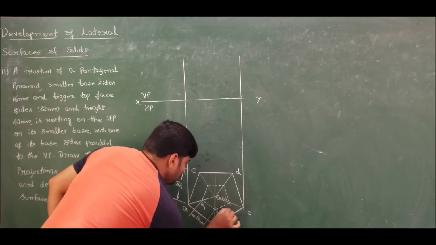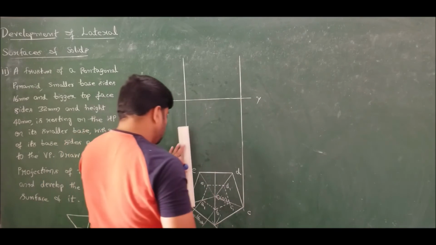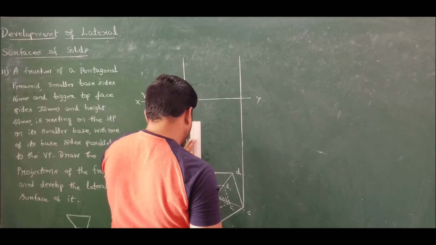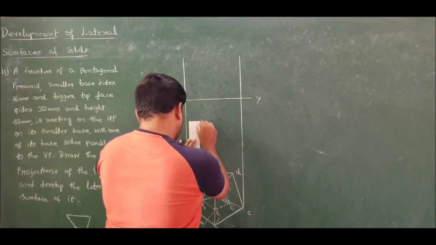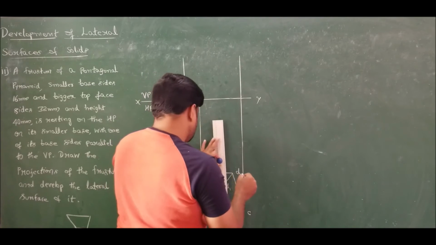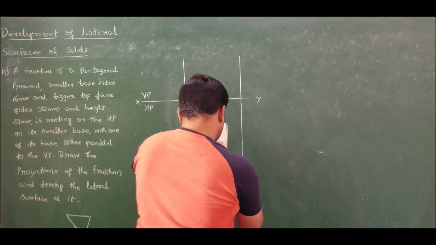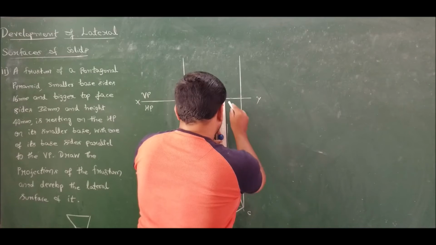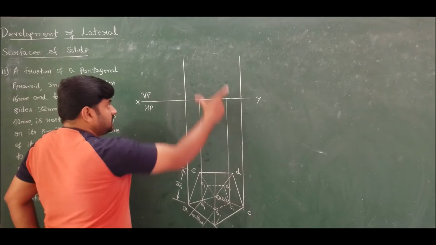A1, B1, C1, D1, E1. Take projection from A1 and C1. So we will take projection from C1 like this. So this is at the bottom face and this is at the top face.